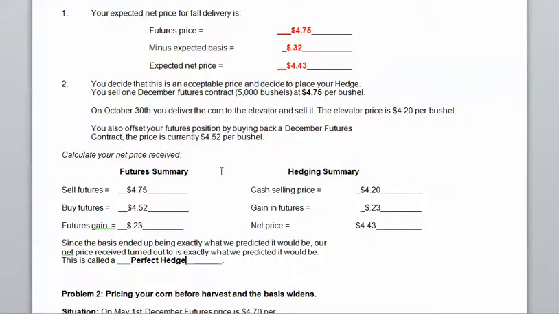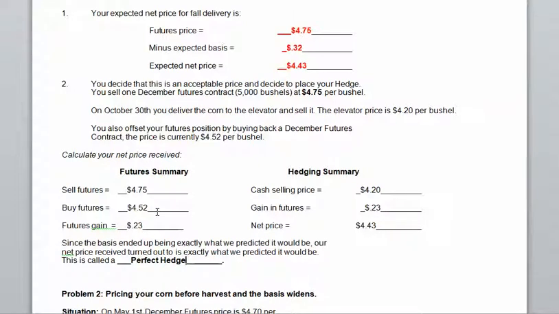So what happened? We originally sold a futures contract on the board for $4.75. That price went down. Corn price went down. Now that's a bad thing because that means the cash corn that we did deliver to town only brought $4.20 a bushel. But because corn went down, we made money on our futures transaction.